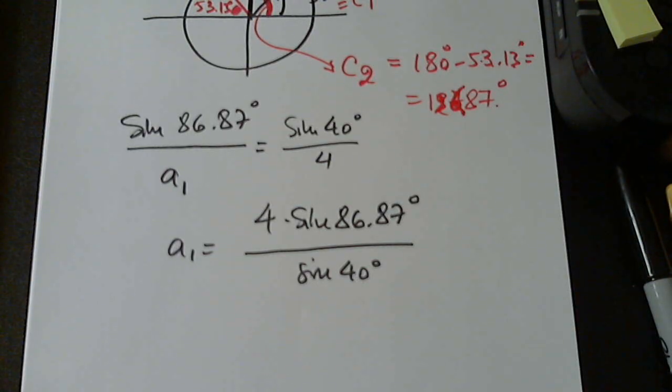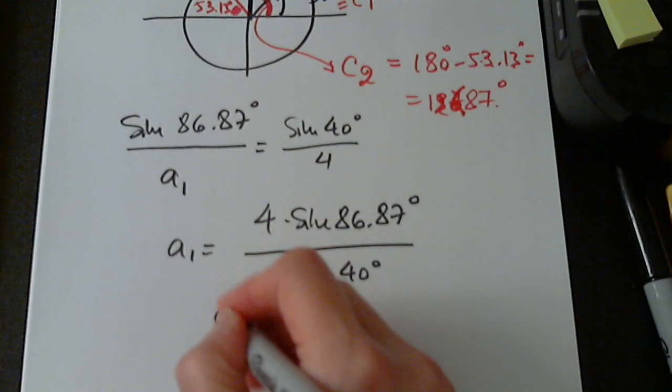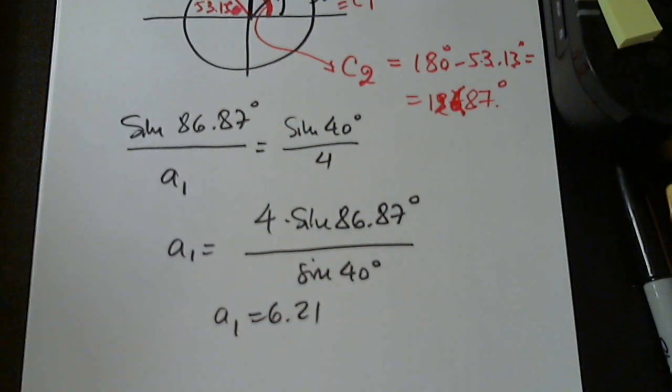Close the parenthesis and divide by sine 40. Make sure that the mode is in degree mode. Okay, enter. I got 6.21. So A1 equals 6.21.